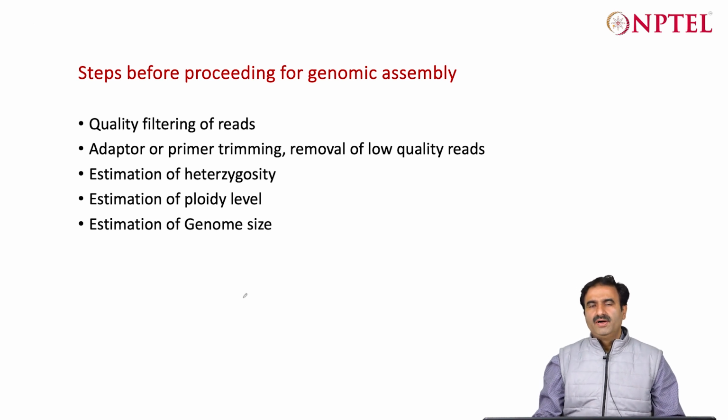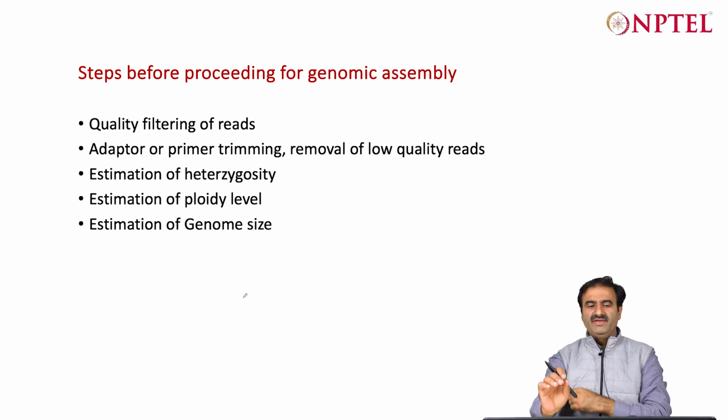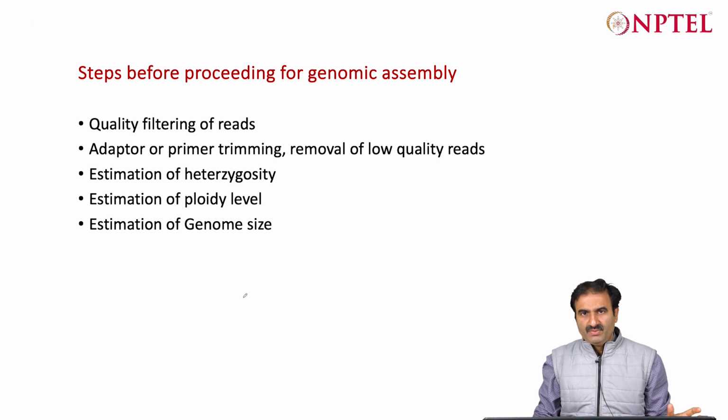In the past we have looked at the various steps before proceeding to a genome assembly. Before these steps, there is one more step that I will cover in later classes, and that is ethical consent.